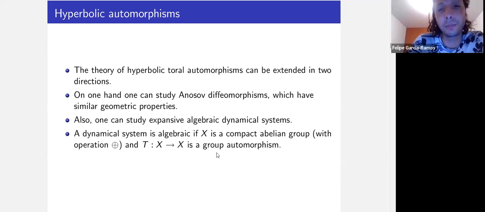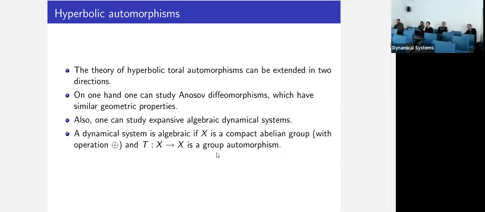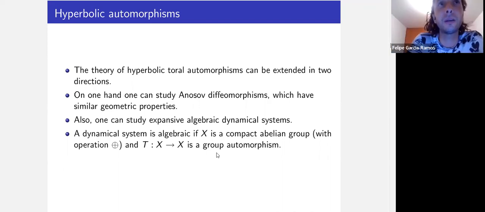When I say algebraic, it means you have X, which is a compact abelian group. For example, in the previous example, X, the torus, is a compact abelian group, and we have an operation in the torus, adding mod 1, and we want the map T to respect the group structure.